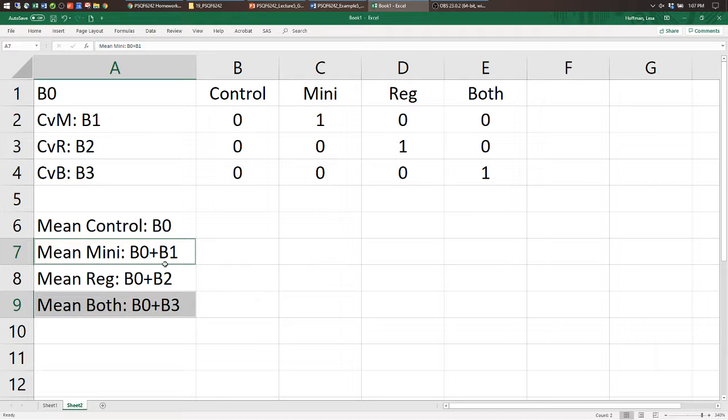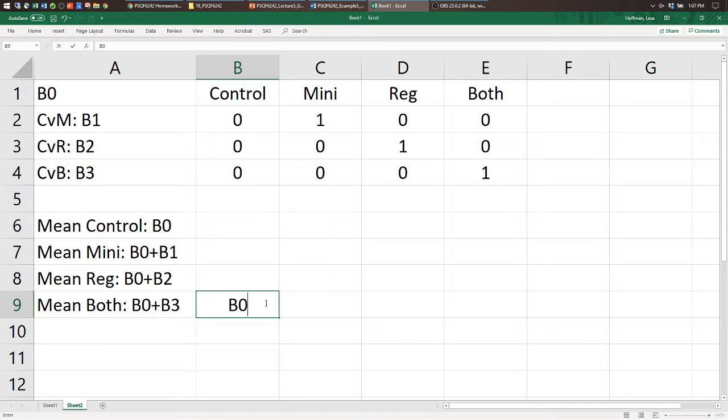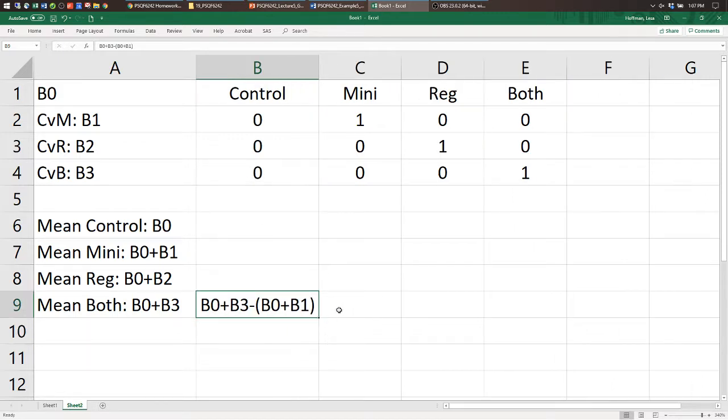So what's the difference between these two things? Well, if we go beta 0 plus beta 3 minus, order of operations matters here, what do we end up with? Beta 3 minus beta 1.